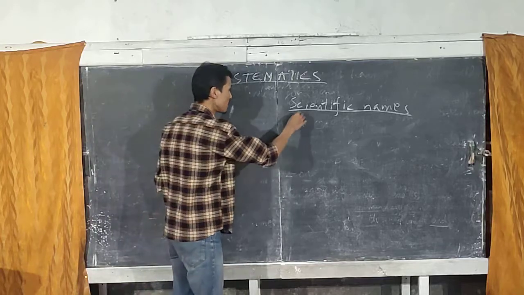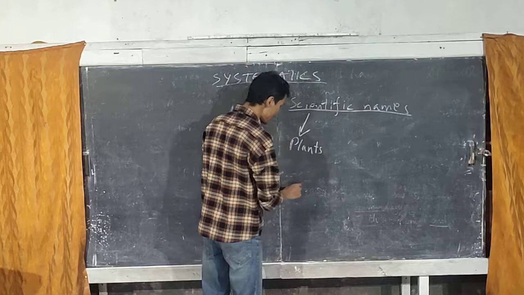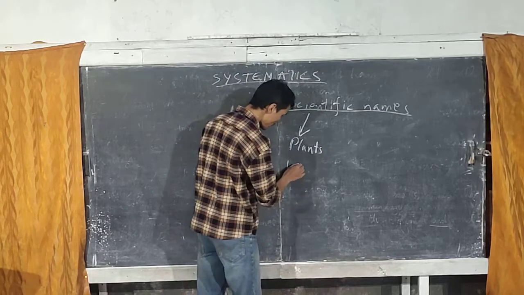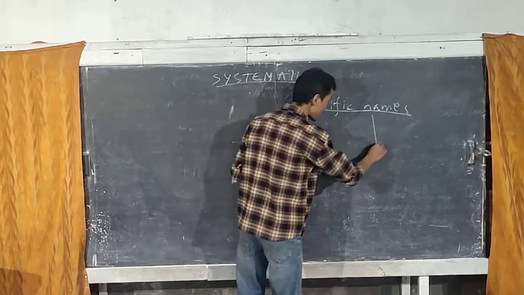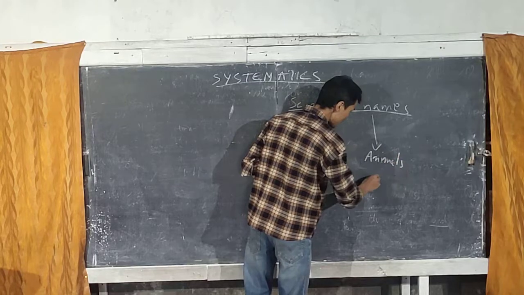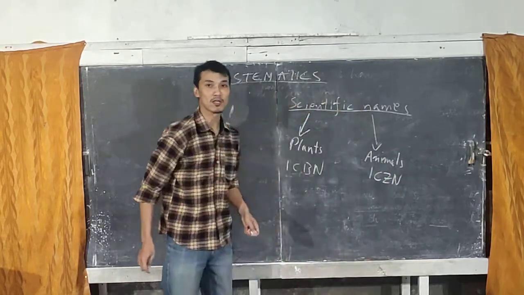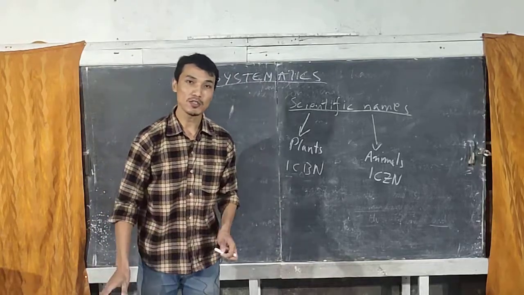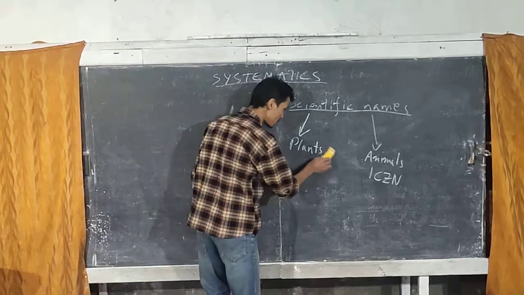For plants, the scientific name is determined by the International Code for Botanical Nomenclature, whereas for animals it is determined by the International Code for Zoological Nomenclature. These two organizations are responsible for giving organisms their proper scientific names.